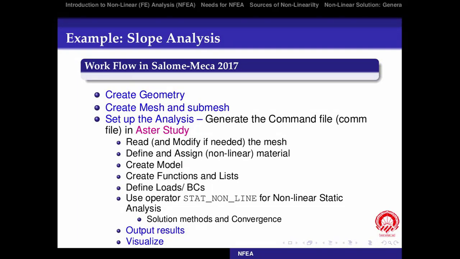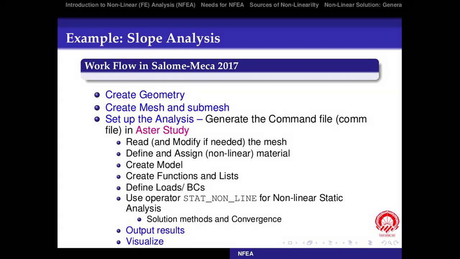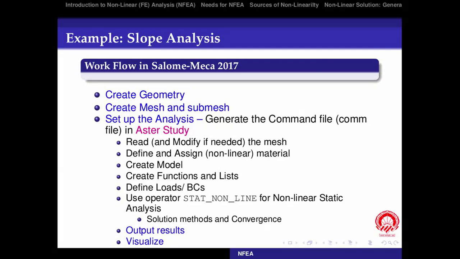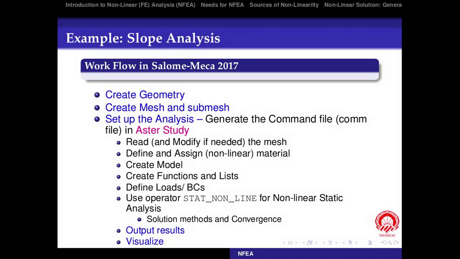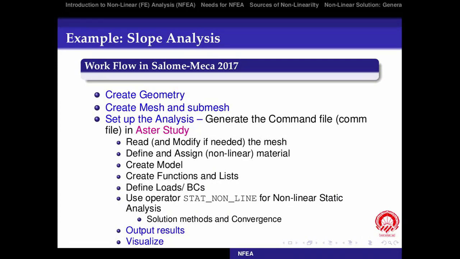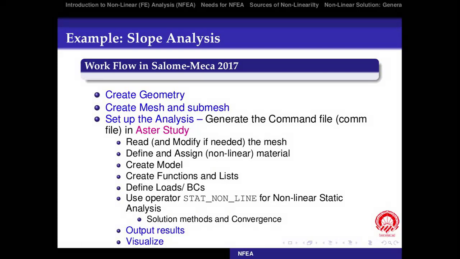Then we need to generate the command file. Earlier the command file was generated in a text editor, or there was an editor called EFICAS. Now in Salome-Meca 2017 they have replaced it by a new module known as Aster study, which is much more user friendly than the earlier one.